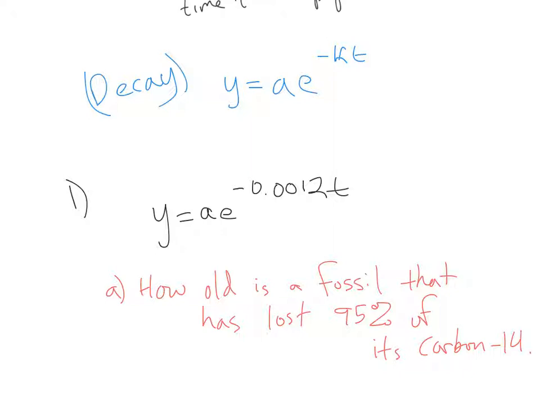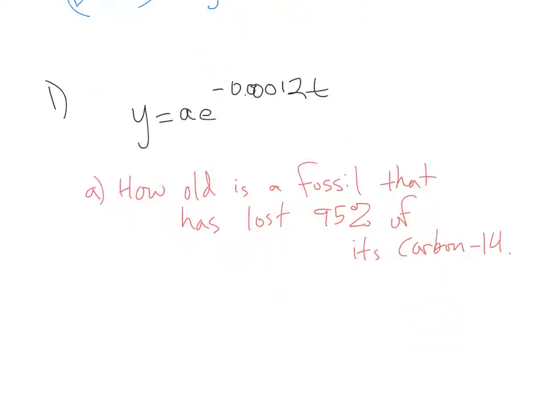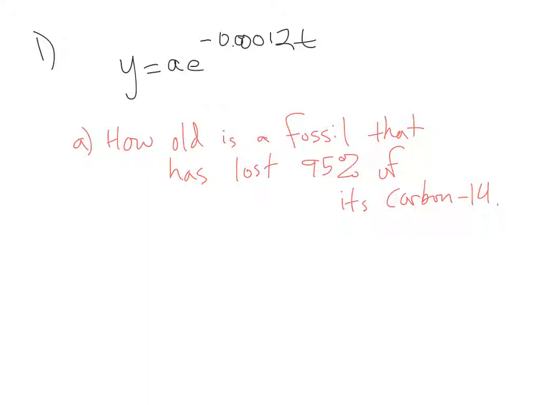And my apologies, the formula is actually y equals a e to the negative 0.00012t, so 3 zeros, 1, 2, t. Okay, so let's set this up. So I've got y equals a e to the negative 0.00012t.